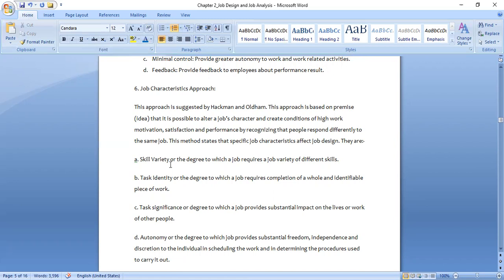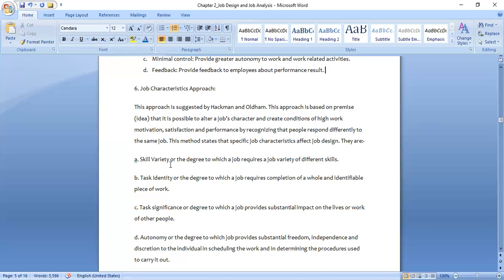Then also you have to include the task significance, right? In other words, what kind of impact or influence will that task have on other people? What kind of impact will it have on the lives of other people? And then also, when you're making that job design under the job characteristics approach, you have to talk about autonomy, right?